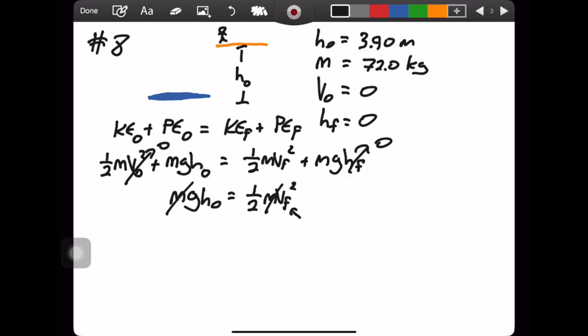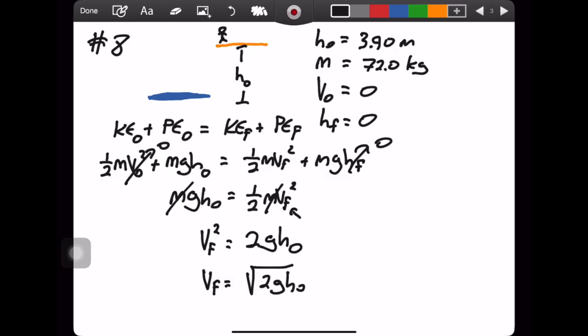Both sides have masses, so we can get rid of the masses by dividing by m on both sides. And so v final squared is equal to 2 times gravity times whatever the initial height is. Then v final is just taking the square root of both sides, so it's going to be the square root of 2 g h0.